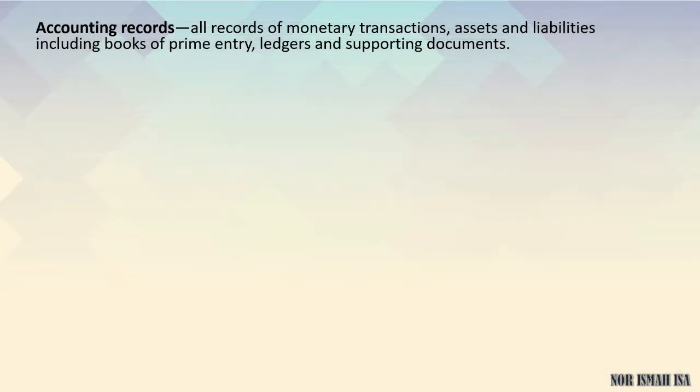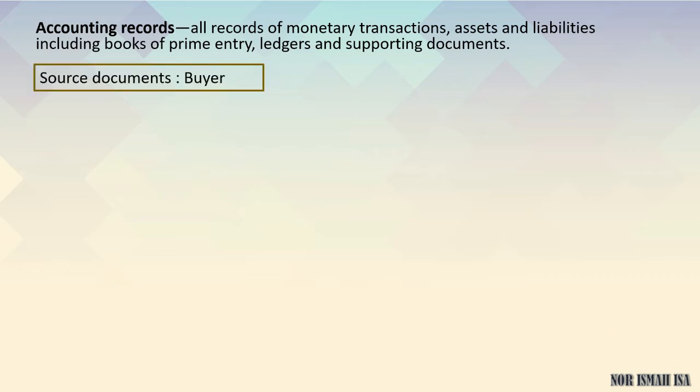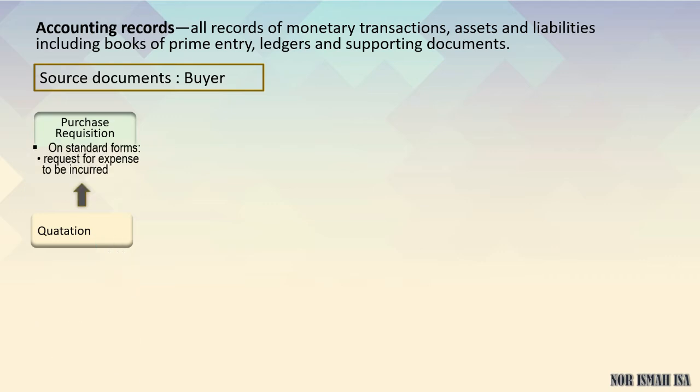Now we are going to look at the source documents related to the buyer. Starting with the quotation given to the buyer, a purchase requisition is made by the buyer to request the purchases and also the expenses to be incurred.